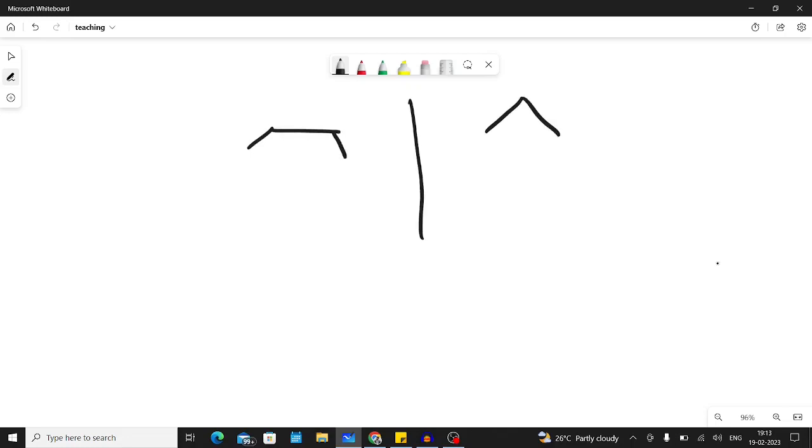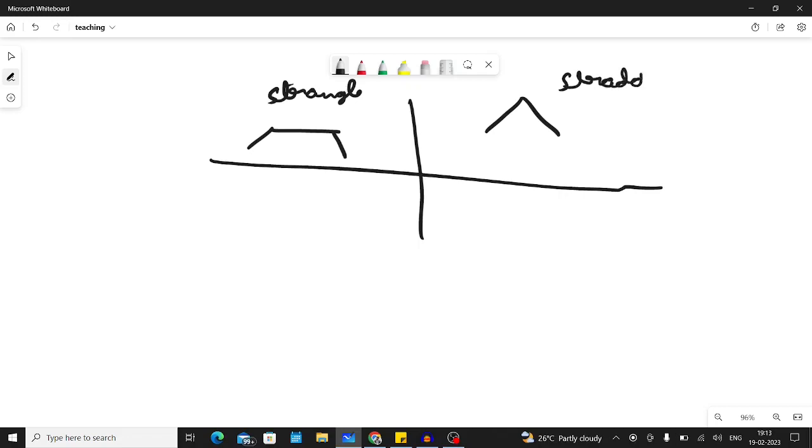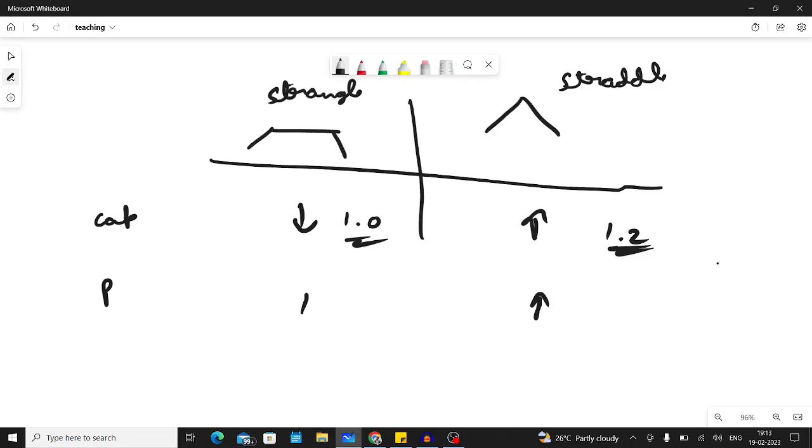So to conclude, this is a strangle, this is a straddle. The capital will be less here and greater in a straddle, but the difference will be very small. If it is costing us 1 lakh, this will cost us somewhere around 1.2 lakhs, and the profit will be higher in this and lower in a strangle, but the strangle will give us a consistent profit, whereas this will fetch us a maximum profit at a particular point.